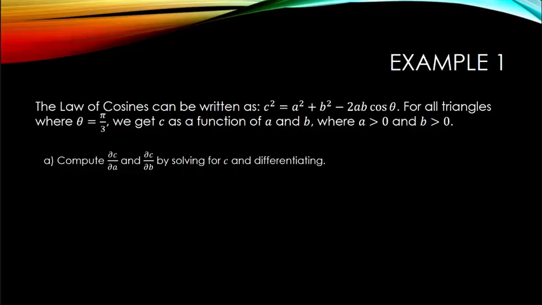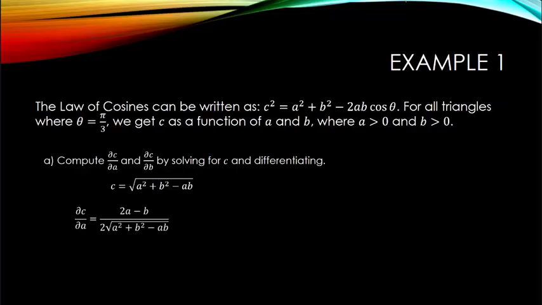So in the first case, I'm simply going to isolate c. I need to plug in pi over 3 for theta, and cosine of pi over 3 is 1/2, so that my function c is given by c is equal to the square root of a squared plus b squared minus ab, where I use the positive principal square root. Now I'm simply going to take the partial derivative of c with respect to a. I do that by treating b as a constant.